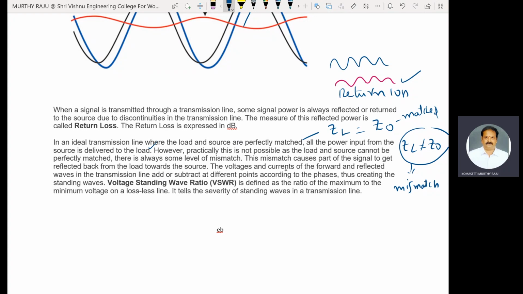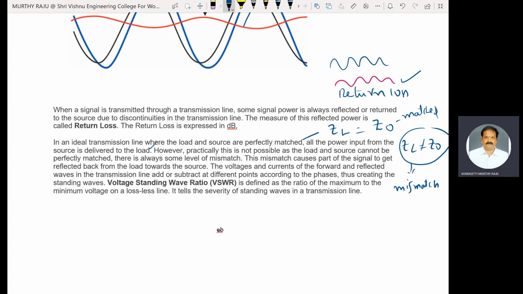The voltages and currents of the forward and reflected waves add or subtract at different points according to the phases of the reflected wave and incident waves, thus creating standing waves.